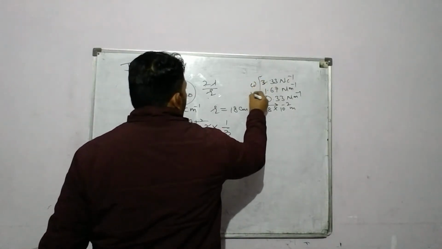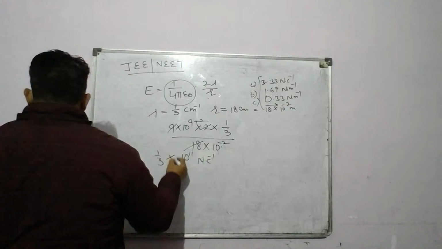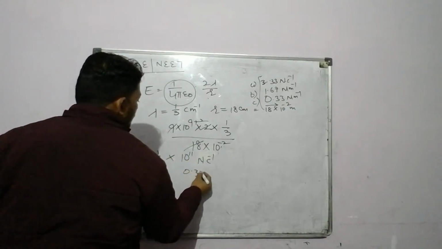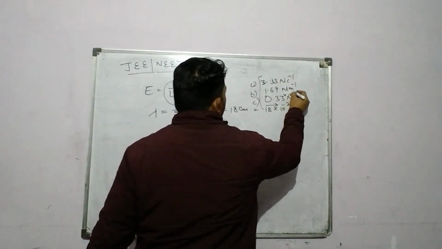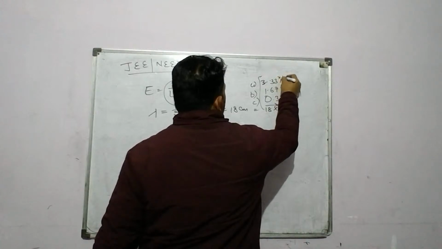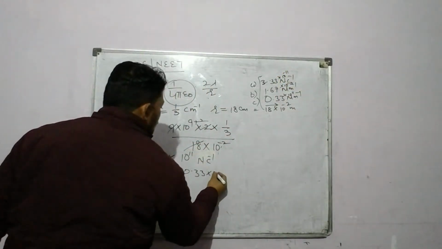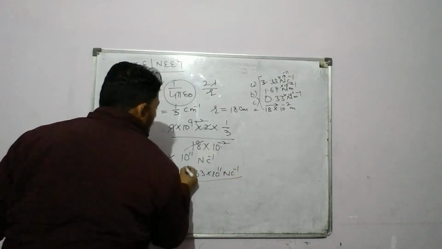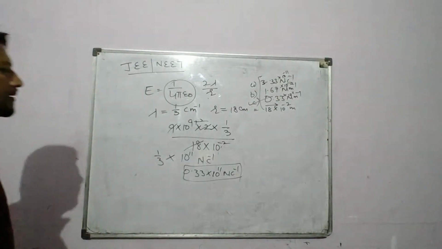So this will be equal to 0.33 into 10 raised to power 11 into 10 raised to power minus 10 into 10 raised to power minus 11. So it is equal to 10 raised to power 11 Newton per coulomb. It means your C option is the right answer.